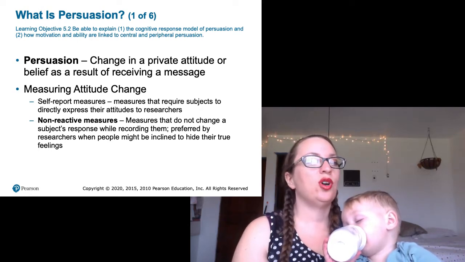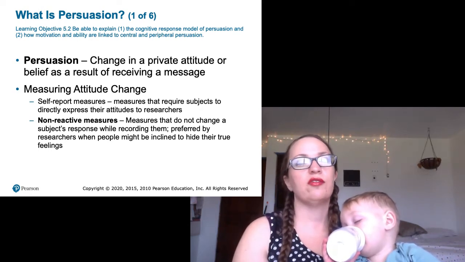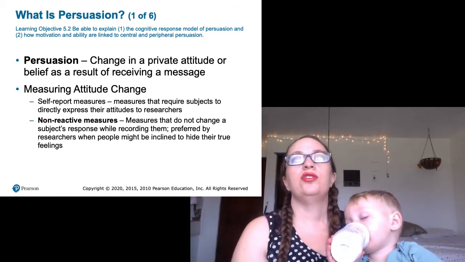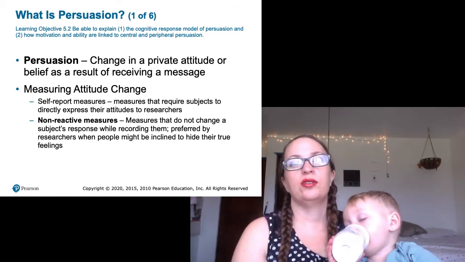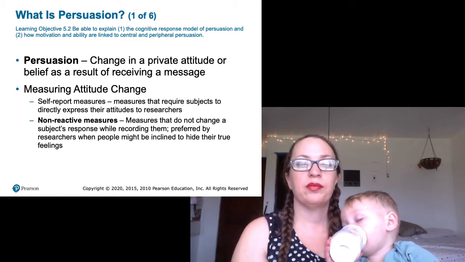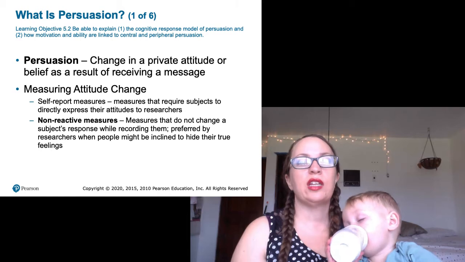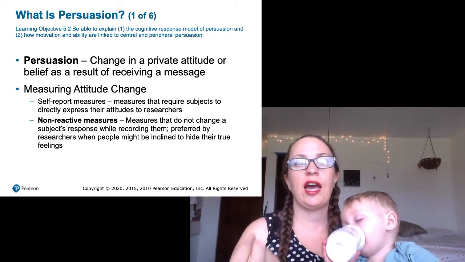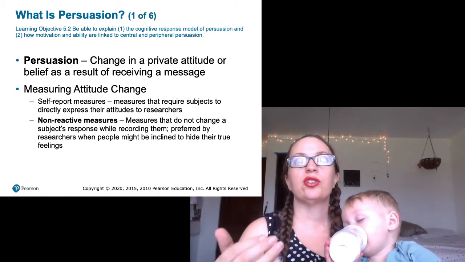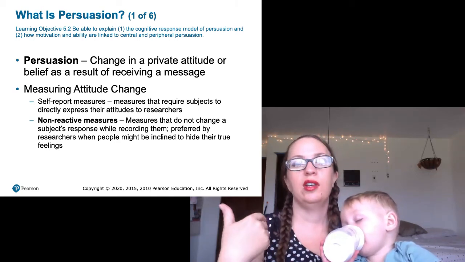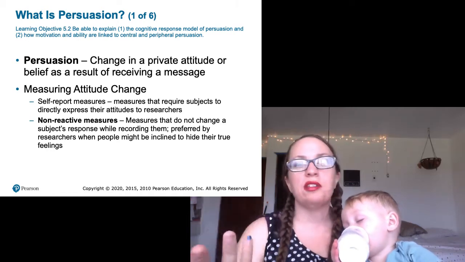When a Jehovah's Witness comes to your door and tries to convince you to become a Jehovah's Witness, they're persuading you to change your attitude towards Jehovah's Witnesses and join them. So persuasion is basically a change in a private attitude or belief as a result of receiving a message. So you can see how that can apply to religions, cults, politics, sales, anything like that.